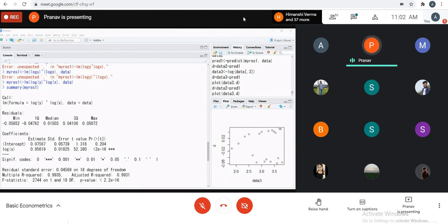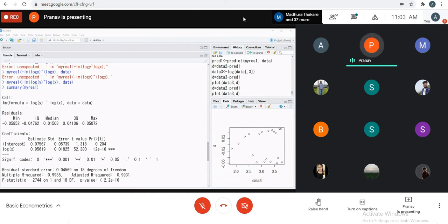It is along these lines that there are 4 tests which have been suggested by different statisticians from time to time. There are other tests as well, but some which have become more famous are the RESET test, also called the Ramsey specification error test.